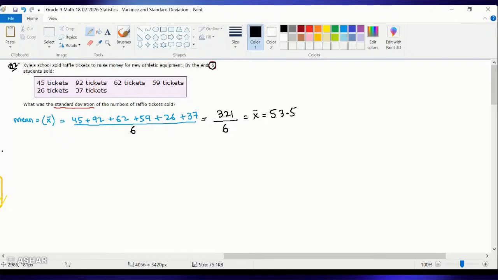And the mean, writing x bar, comes out to be 53.5. Agreed? We know that in order to find the variance, we can write x minus mean squared upon n.